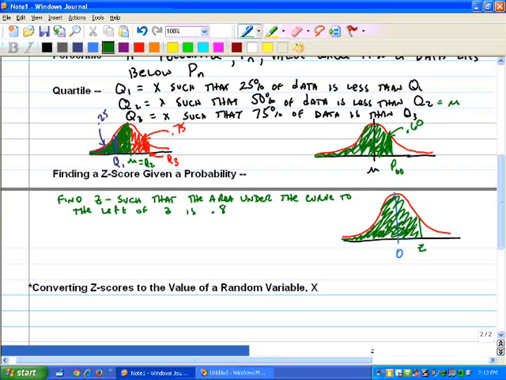The area under the curve is 0.8, which means the probability of any other z-score being less than or equal to this z is 80%.